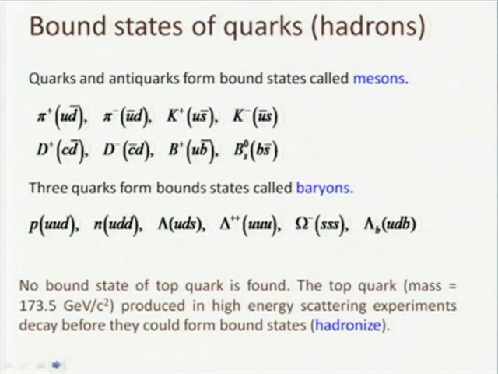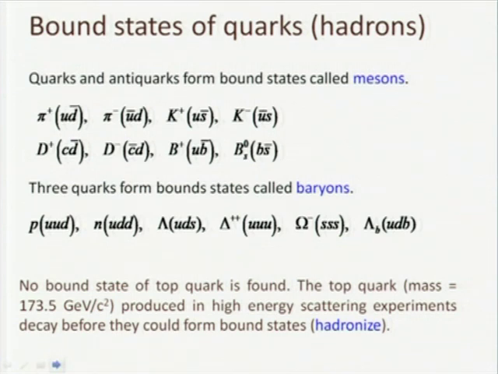You notice that in none of these examples we have a top quark appearing. It is not because I just randomly chose the examples like this and that group did not have the top quark, but it is because the top quark cannot form bound states.